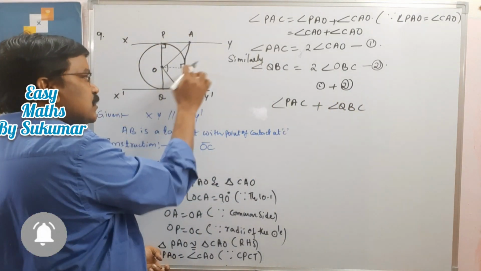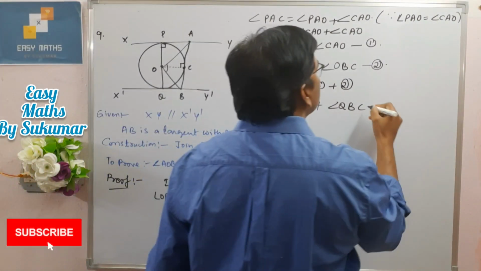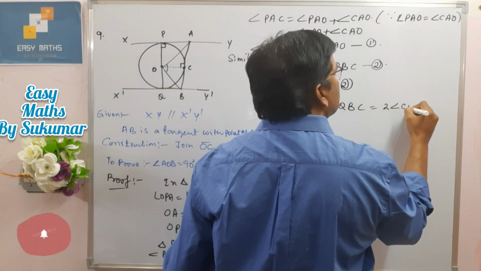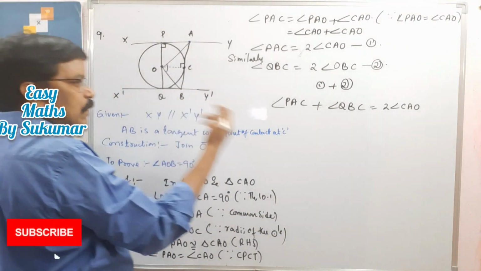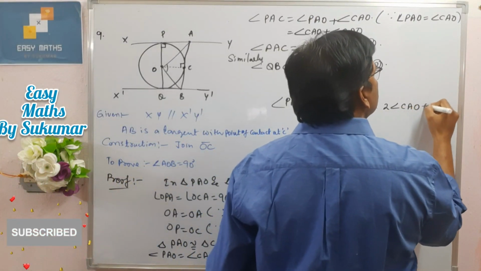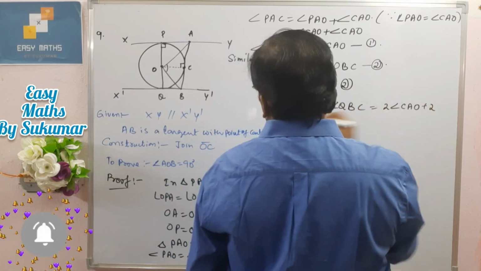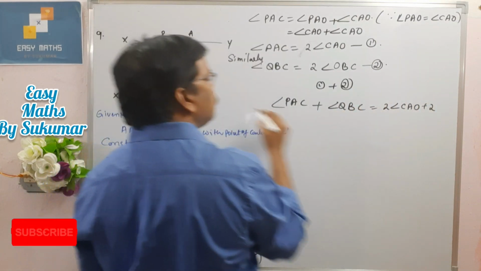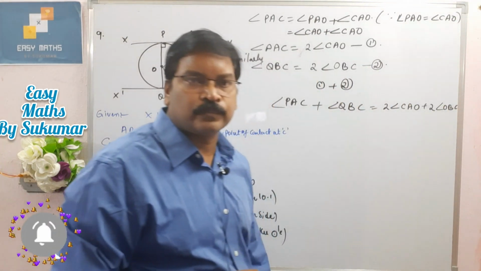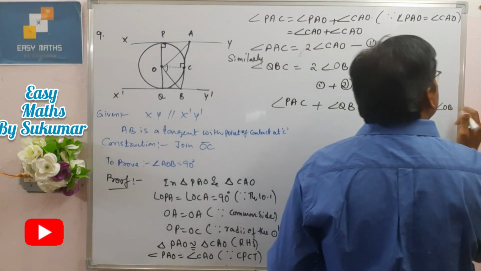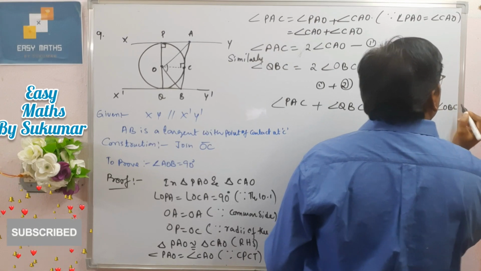So angle PAC plus angle QBC is equal to 2 times angle CAO plus 2 times angle OBC. Can you see here? This is angle OBC.